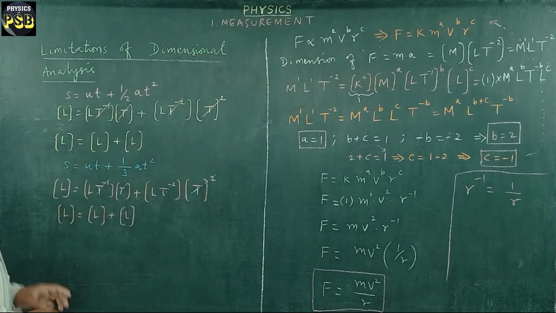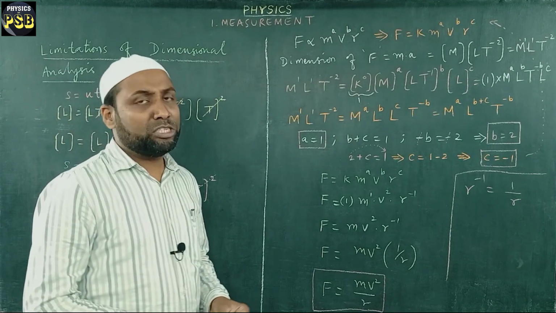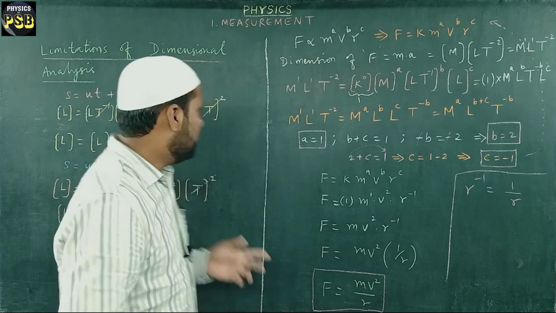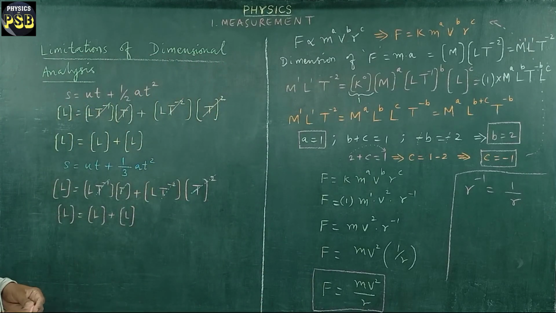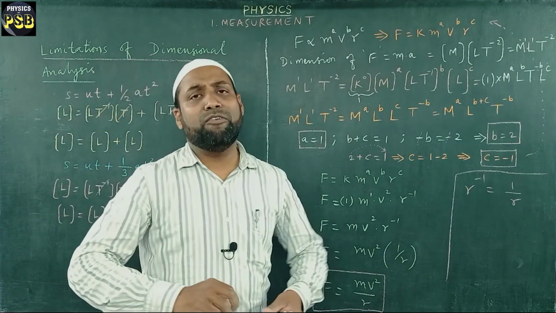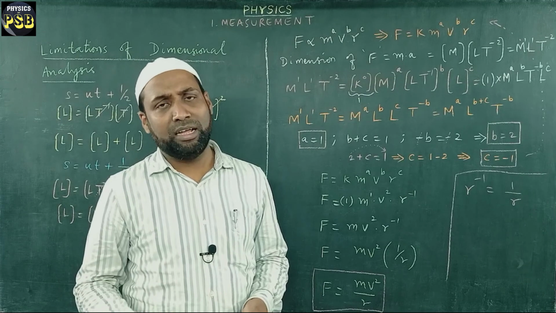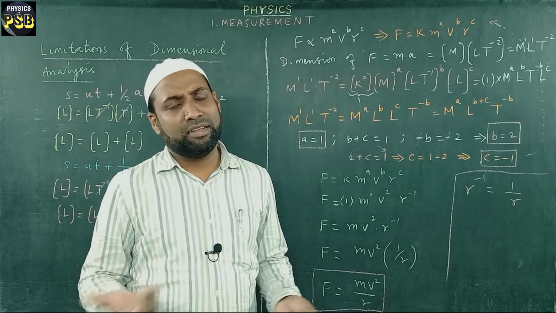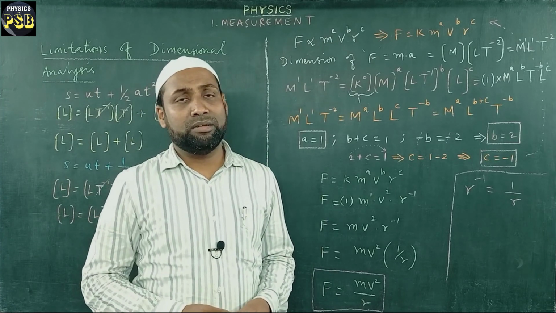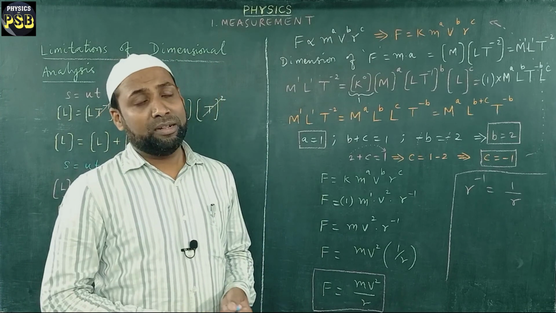Okay, this is one limitation of dimensional analysis. Now, apart from this, suppose there is an equation which involves more than 3 physical quantities. In such a case, we cannot use this method. And also, if there are any trigonometric terms present, like sin theta, cos theta, in an equation, again we cannot use dimensional analysis for such an equation.